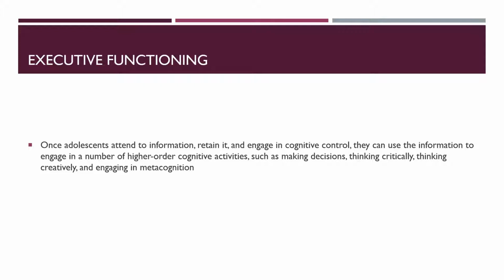So they can determine what they want to pay attention to and what they don't, what they want to remember and what they don't want to remember, how they want to use that information, weighing the pros and the cons to make a decision, to think critically, to be creative in their thought, and also to think about their own thinking. That's the process of metacognition.